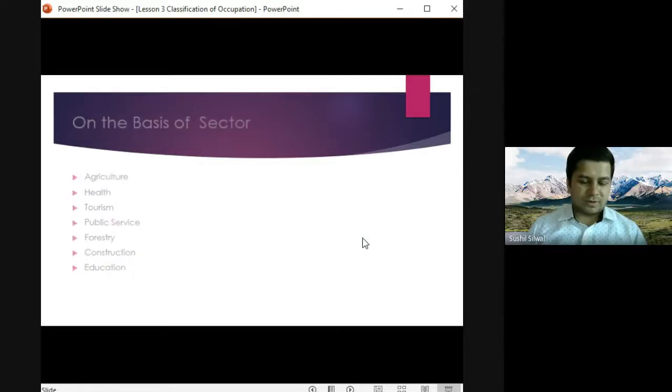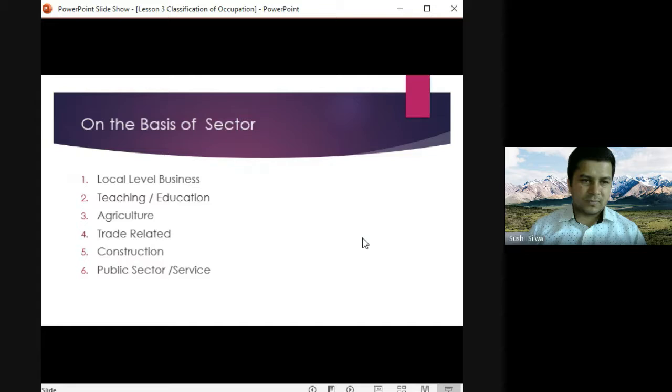On the basis of sector, we have local level business, teaching, education, agriculture, trade related, construction, and public sector. These are the various occupations based on sector. So far we discussed construction, we discussed to some extent agriculture, and a little about business.